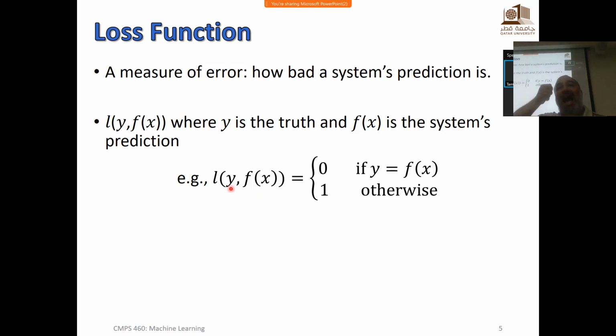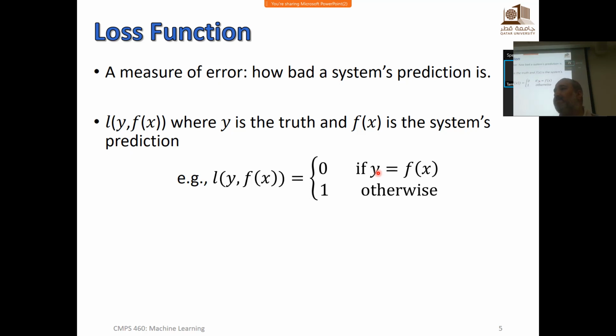y is the actual label for it. So the loss function always takes two parameters, the predicted label and the actual label, and then compares somehow between these two. In this case, the loss function will be 0 if the predicted value is equal to the actual value, because that means that our prediction is correct.